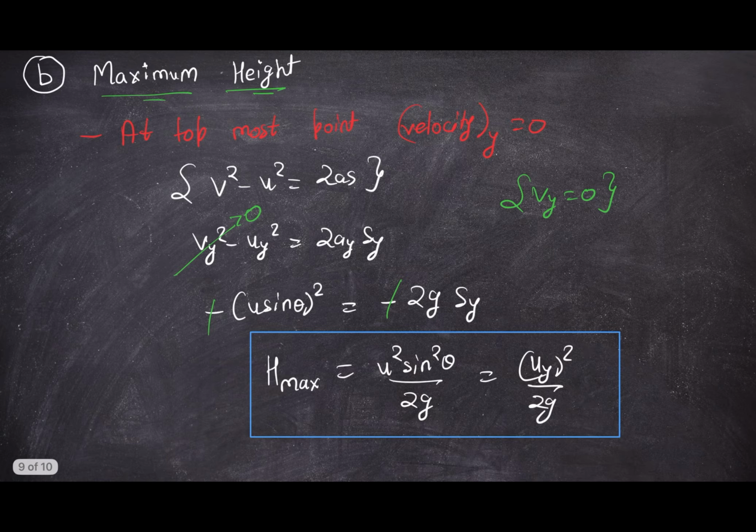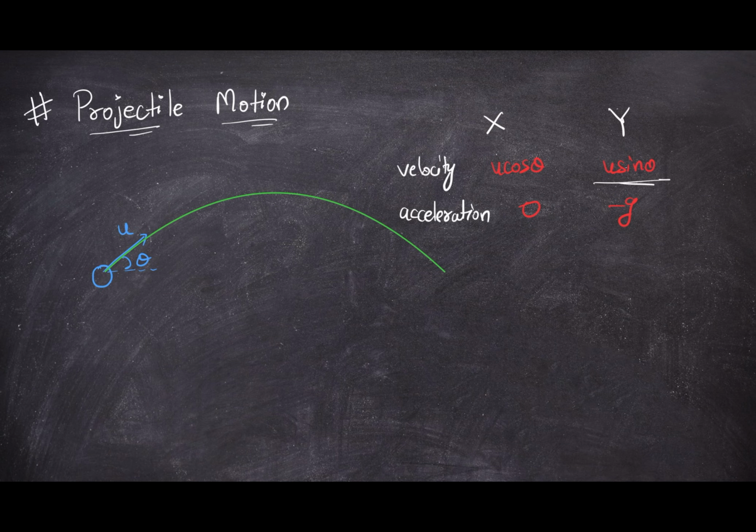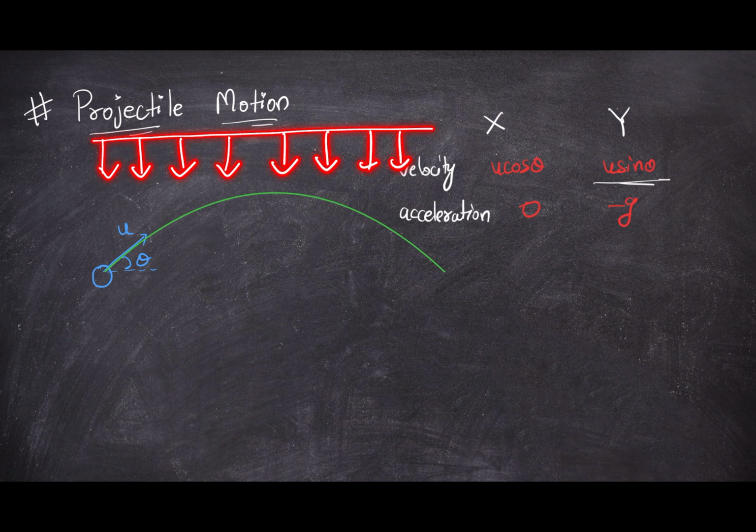Now we are going to calculate the range in projectile motion. Till now we have discussed, let's say, we throw a ball at some speed u at an angle theta. So we have to draw the components, right? Let's say here I take a very high beam light and I cast the shadow of the ball movement on this floor.